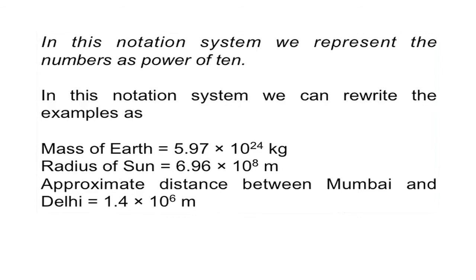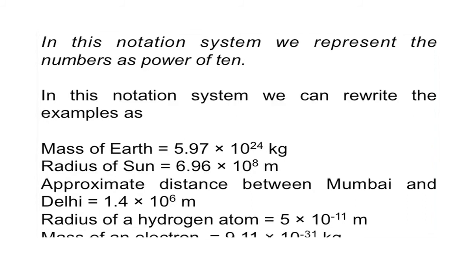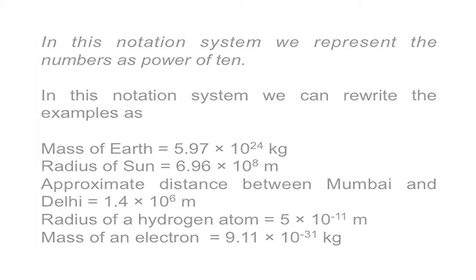Similarly, very small quantities can also be expressed in powers of 10, like radius of a hydrogen atom is given as 5 into 10 to the power minus 11 meters. Mass of an electron is given as 9.11 into 10 to the power minus 31 kilogram.